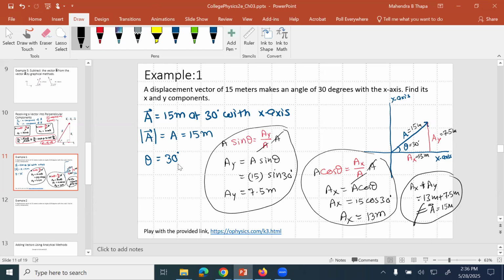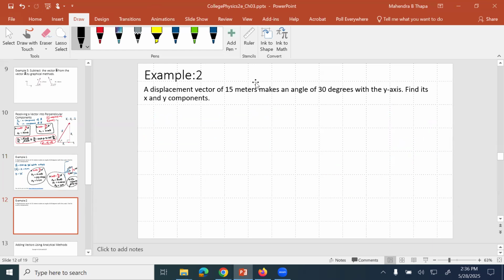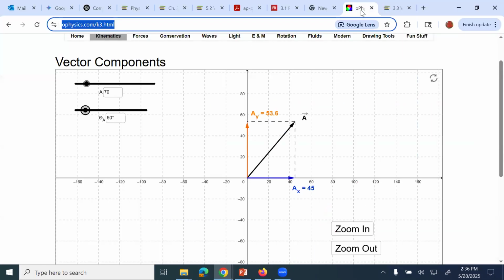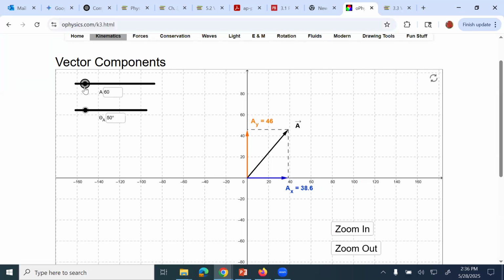I believe that once you understand this concept, you can use the similar concept to solve this problem. Also, you can use the simulation to play with. For example, I have a vector of say 50, or I can change the number over here. I can change the angle, or you can go to a different angle. Say if I go to angle 20 degree, then your AX will be 47, your AY will be 17.1.